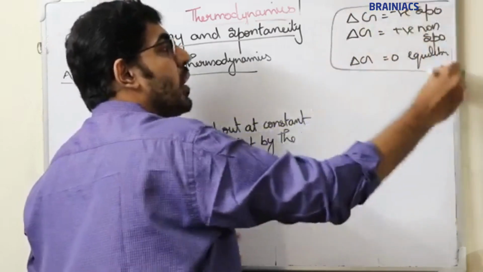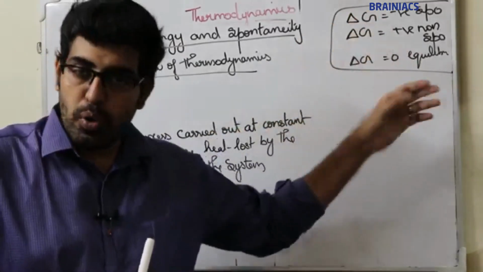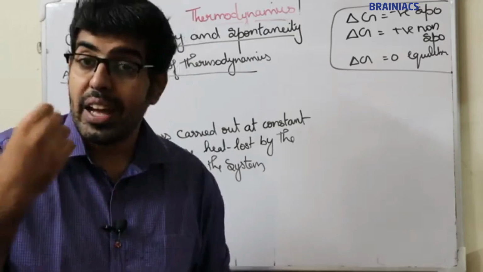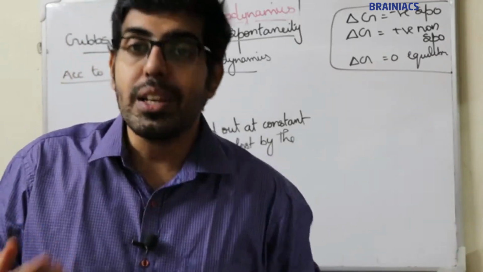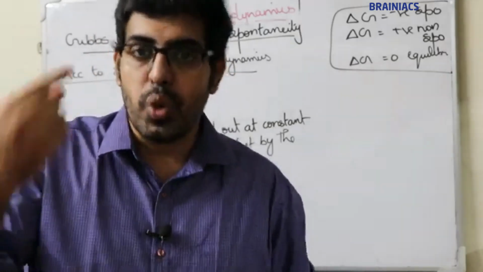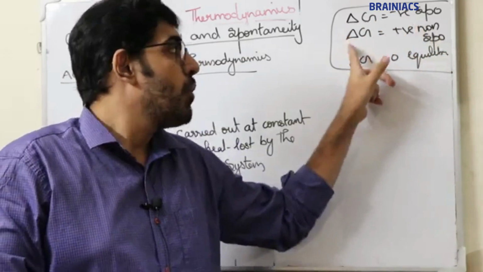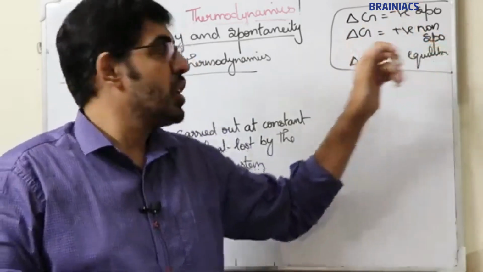So by knowing the value of delta G, whether it is negative, positive or 0, we can predict whether a reaction is spontaneous or not. So in thermodynamics, we study Gibbs free energy in order to predict whether a reaction is spontaneous or not. If delta G value is negative, then those reactions are spontaneous. When delta G value is positive, then those reactions are non-spontaneous.